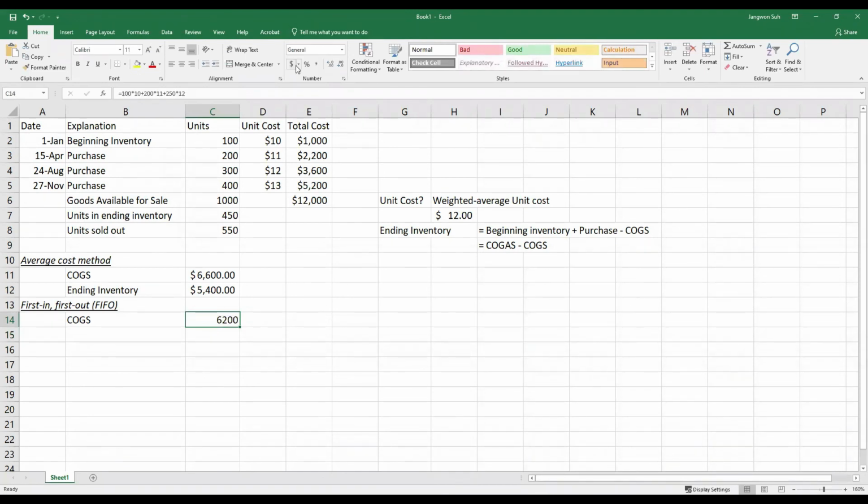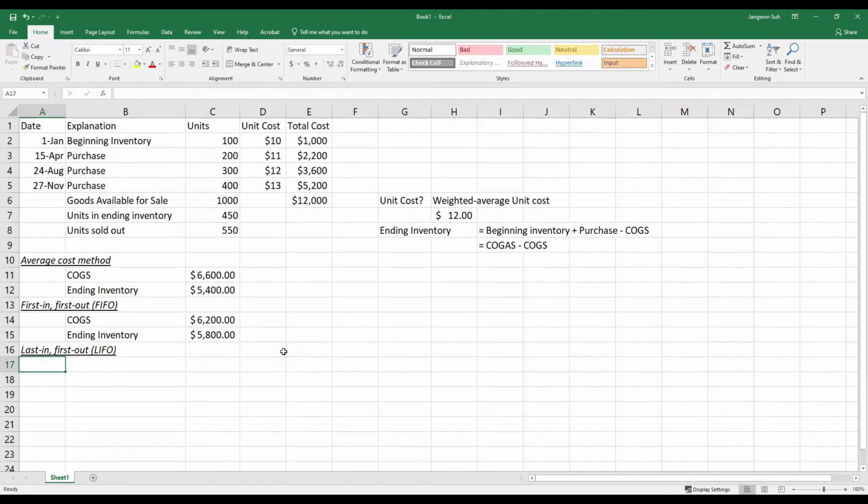Meaning on the FIFO method, cost of goods sold is 6,200. Ending inventory, the same as before, right? Cost of goods available for sale, which is 12,000, minus cost of goods sold, 6,200, is 5,800.